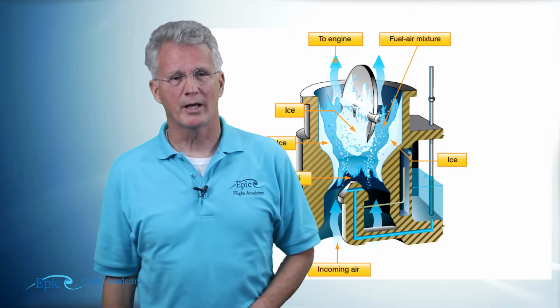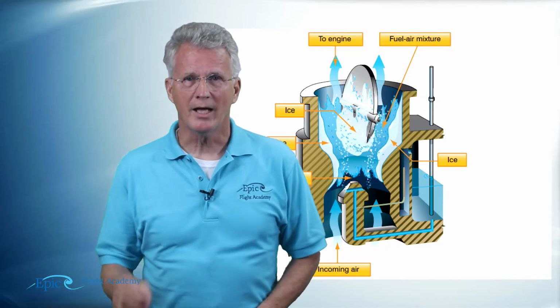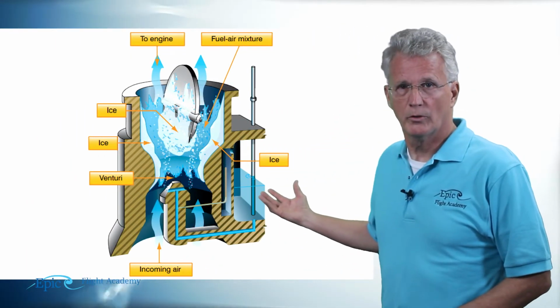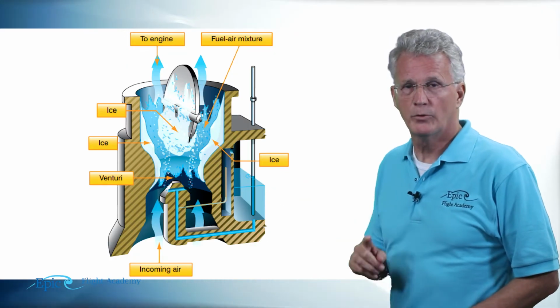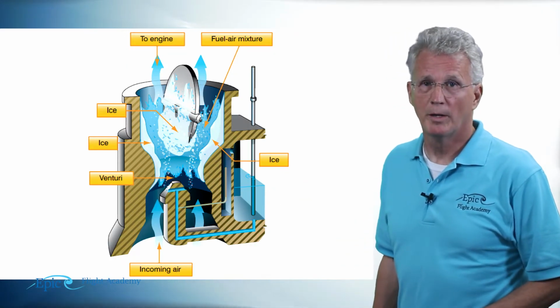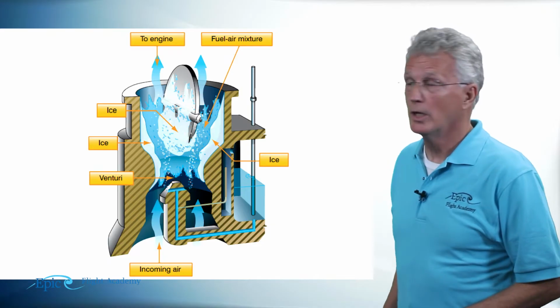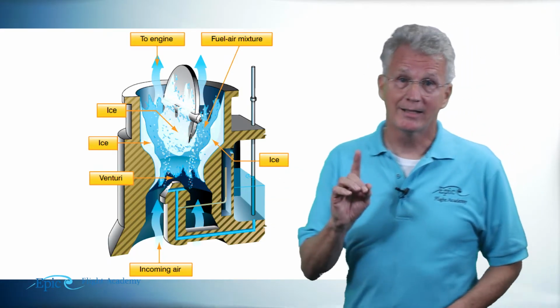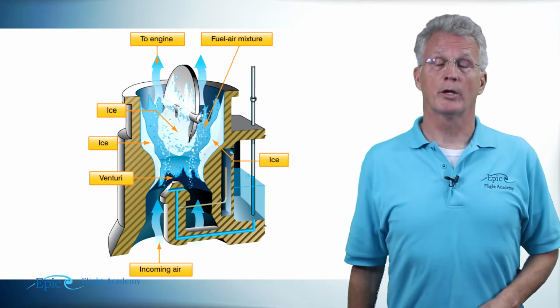Now, why does this ice form? This ice forms because this air is moving through this Venturi. Now, if you think back to aerodynamics, you remember that that Venturi causes an increase in velocity and at the same time a drop in pressure.